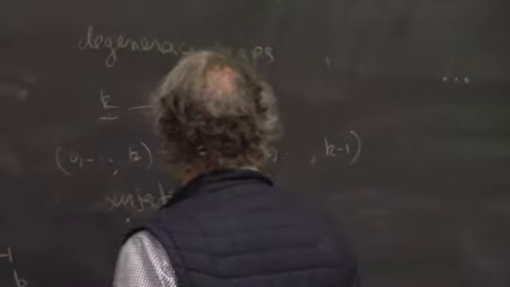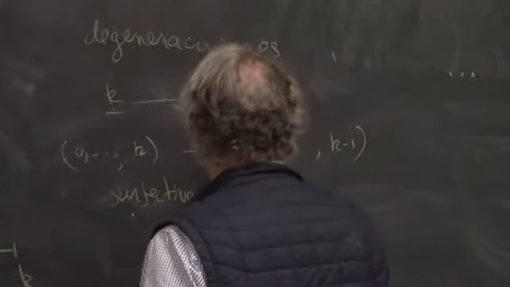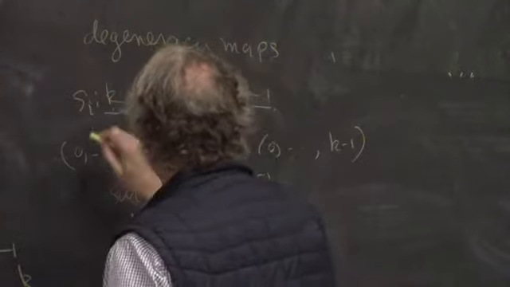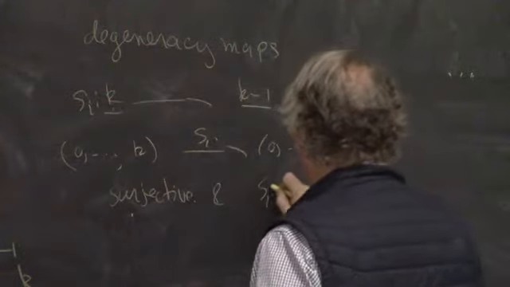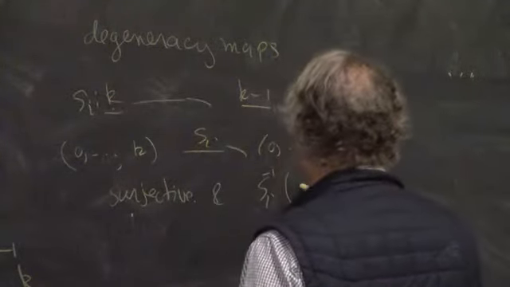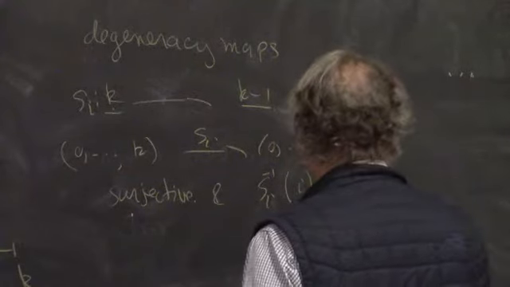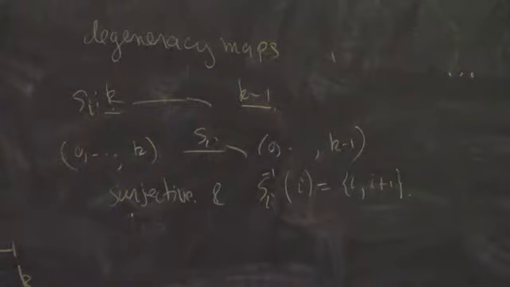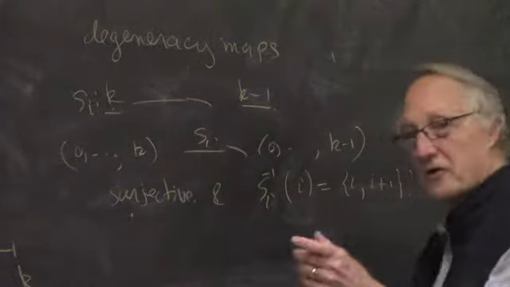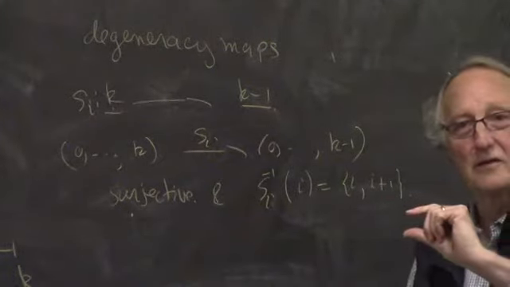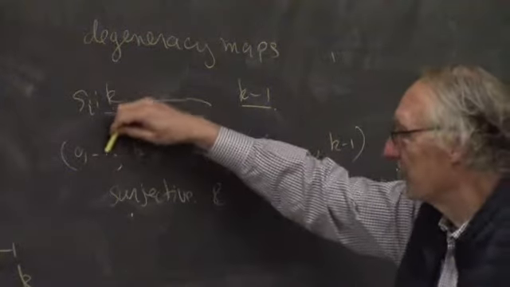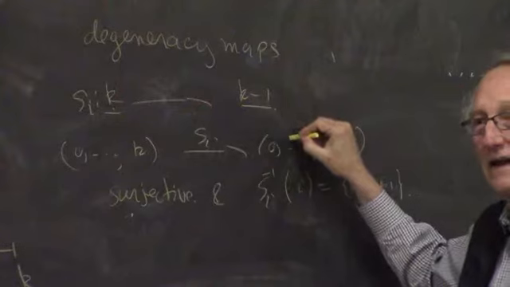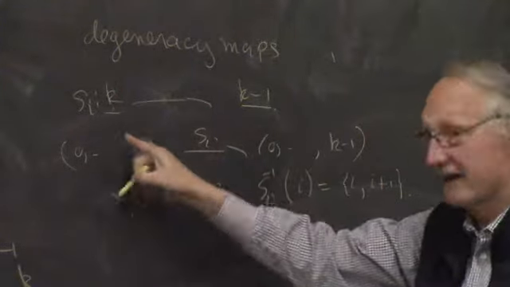And F inverse, degeneracy S_i. And S_i inverse of I is I and I plus 1. So this time you're doubling at a certain place. You have two successive integers that go to the same place. The place they go to is I, and the things that go to I are I and I plus 1.